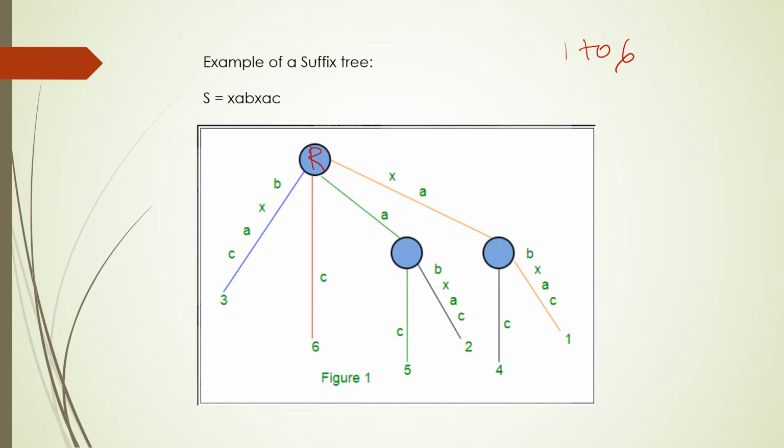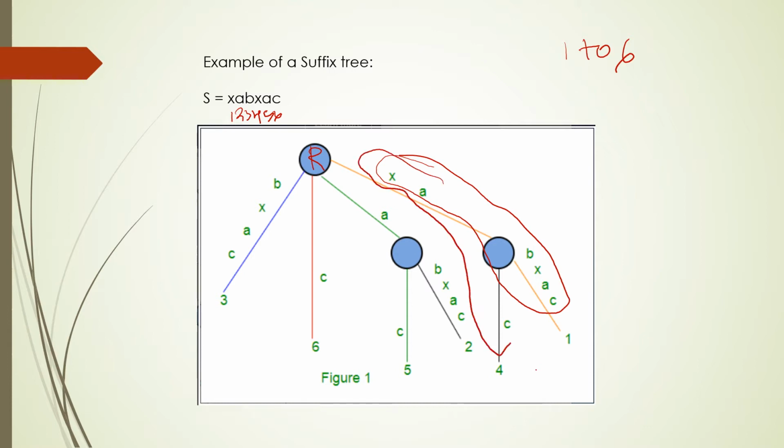Let's look at leaf 1, XAB, and leaf 4, XAC, and so on. Leaf 6 is the last character, which is C. So this is an example of a suffix tree.